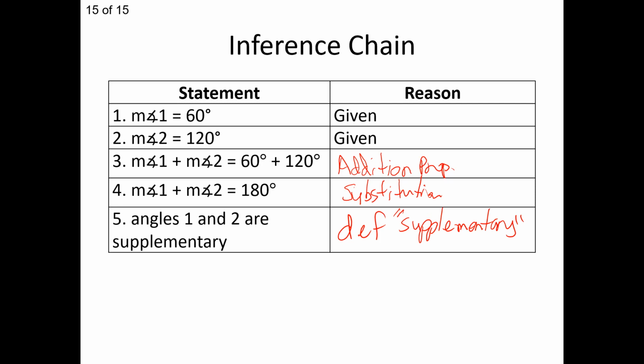So on the worksheet, you will practice using just your singular inferences, moving from one statement to another and justifying it like we saw in previous slides. And then in another section, you'll be practicing your inference chains, moving from one statement to another statement to another until you've arrived at the very last statement within your table and you've justified every single reason along the way.